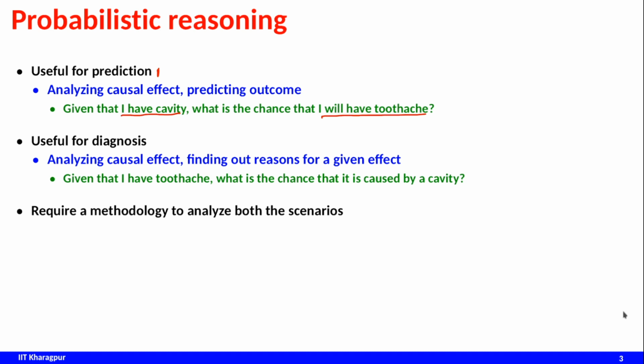So this can be one side of the question. The other form of reasoning is called diagnosis. Again we look into the causal effect, but find out the reasons for a given effect. This question is just the reverse of the previous one: given that I have a toothache, what is the chance that it is caused by a cavity? These two questions are quite similar, but to answer them we need a different methodology, and we will look into this more in this lecture.